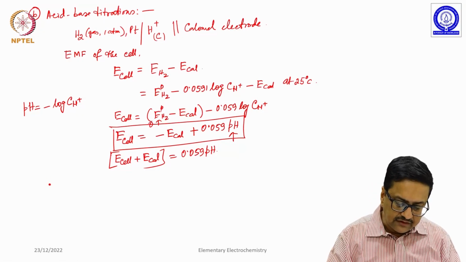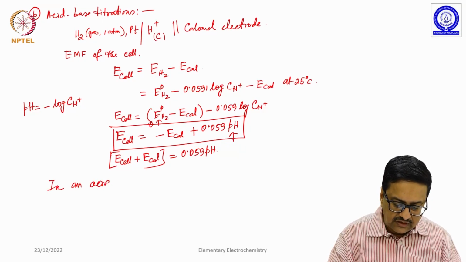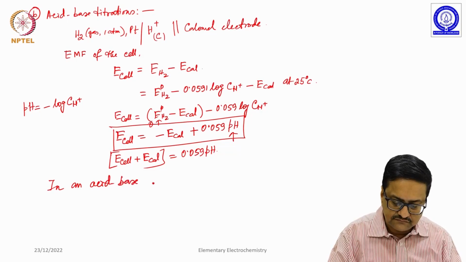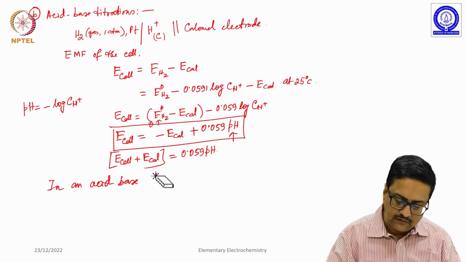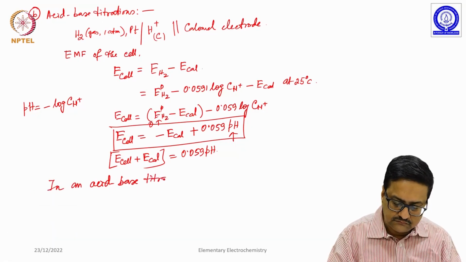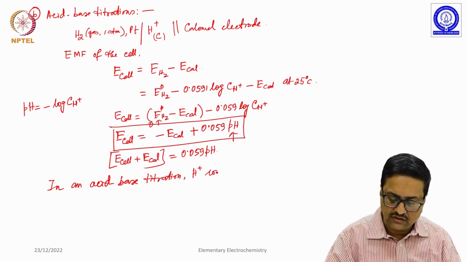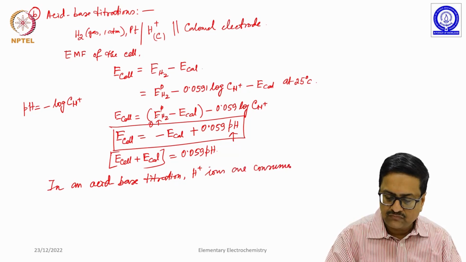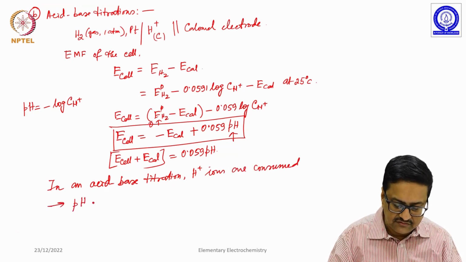So, in an acid base titration, H plus ions are consumed. As a result, pH continues to increase.